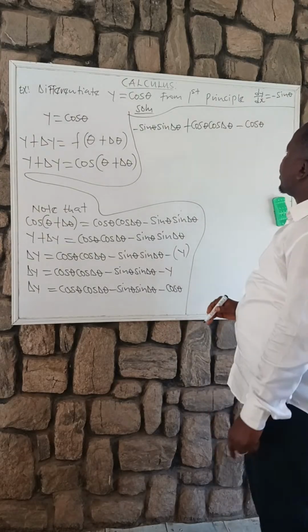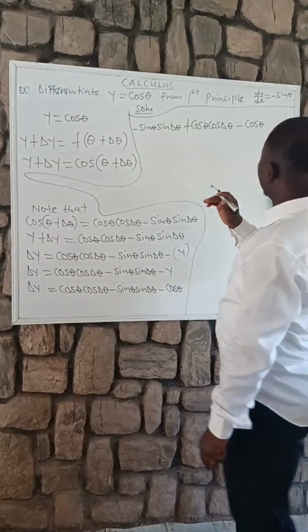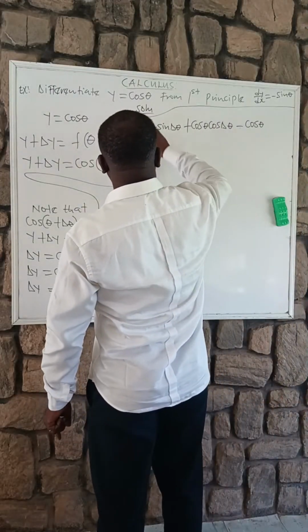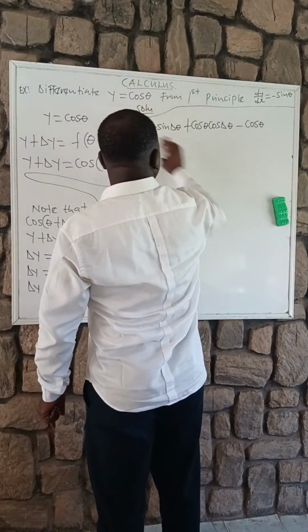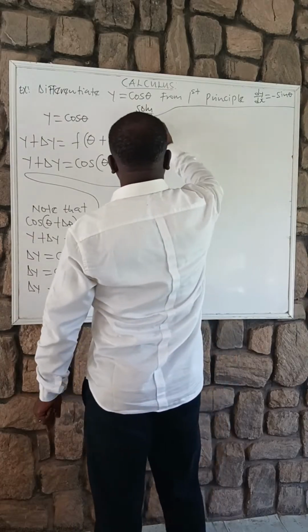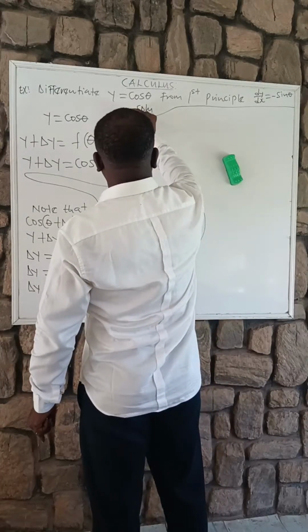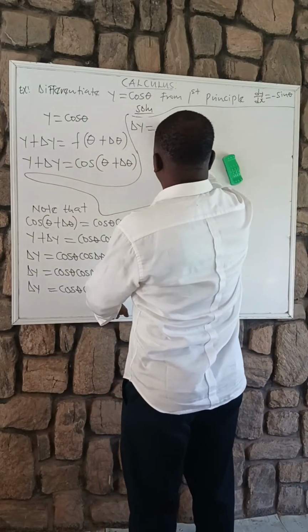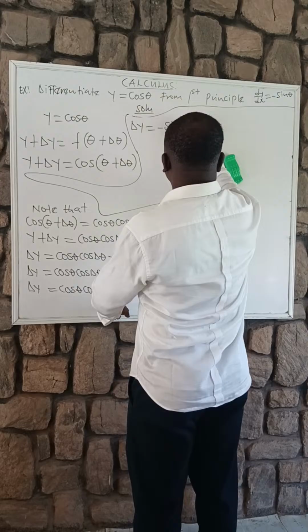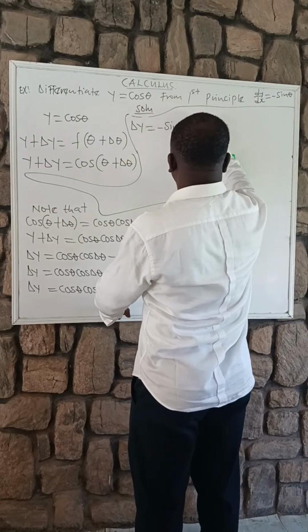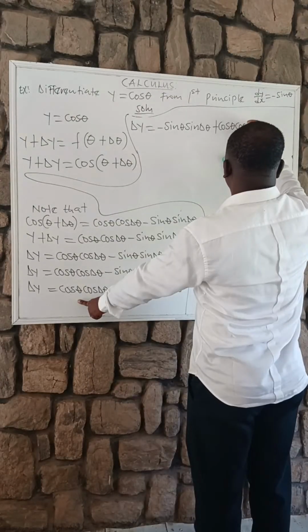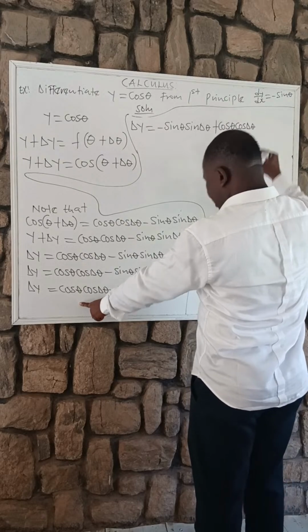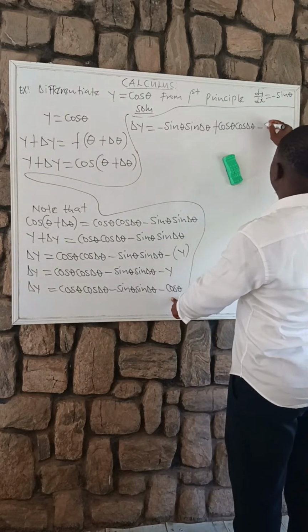Oh, sorry, it is supposed to be dy. Let me clean it and rewrite it. Our dy will now be equal to minus sin theta times sin d theta, plus cos theta cos d theta, then minus cos theta, amen.